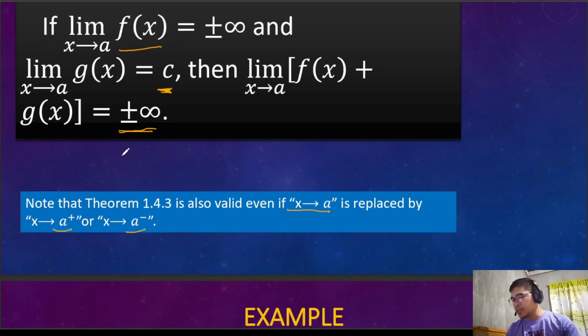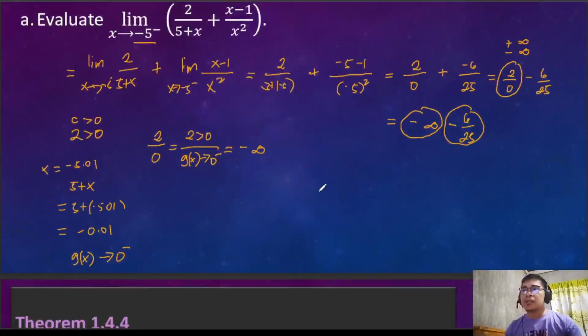Positive or negative infinity. So the answer here is: our limit is negative infinity. Take note, as I said earlier, if it is positive or negative infinity and we have a constant for our g of x, then you have positive or negative infinity. Since we have negative infinity here for our f of x, we got negative infinity.